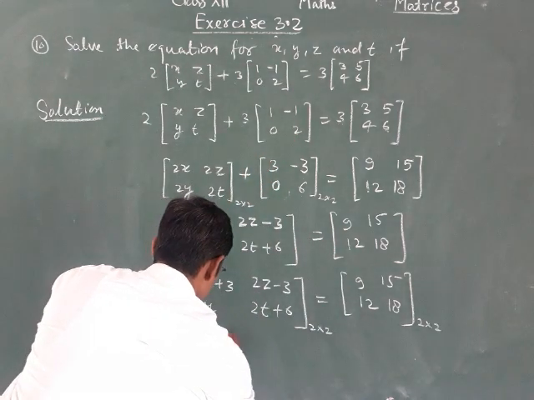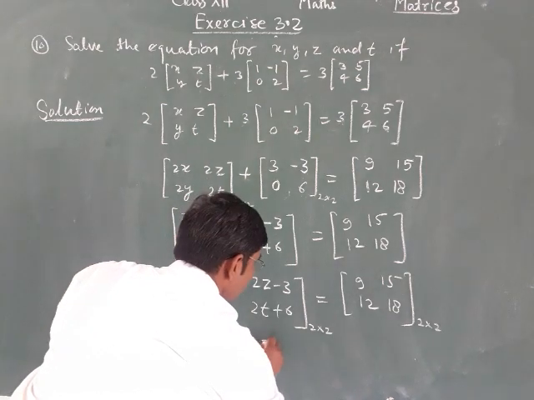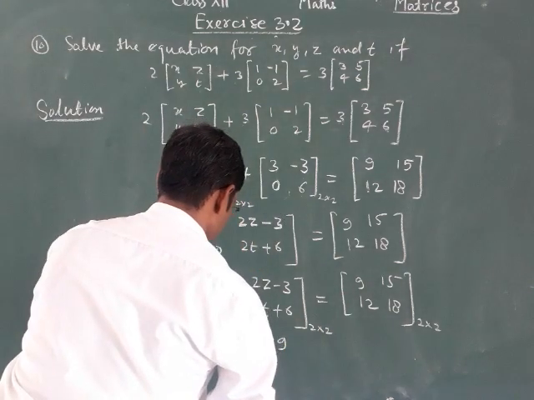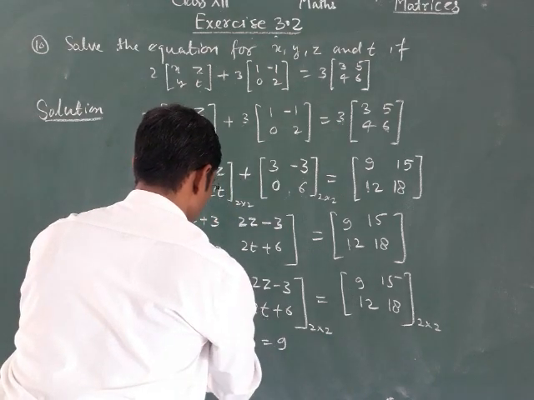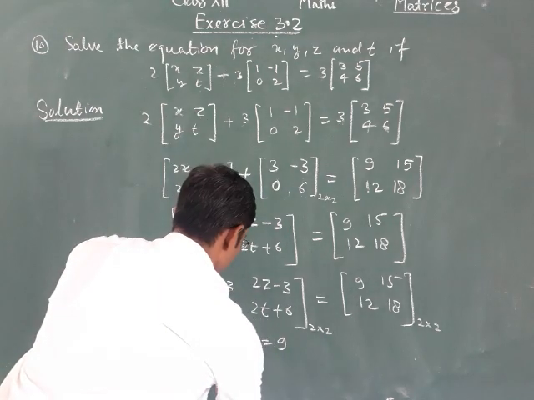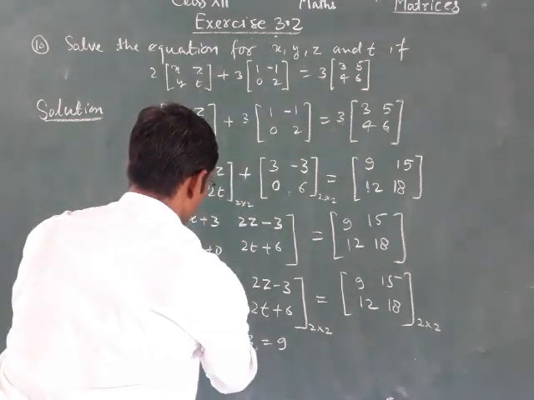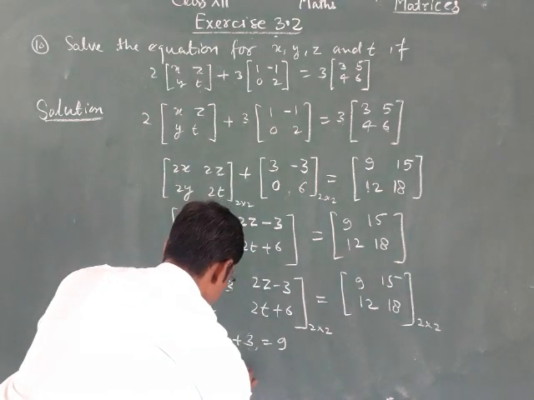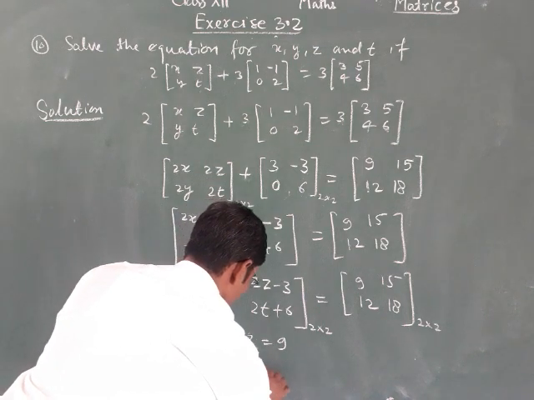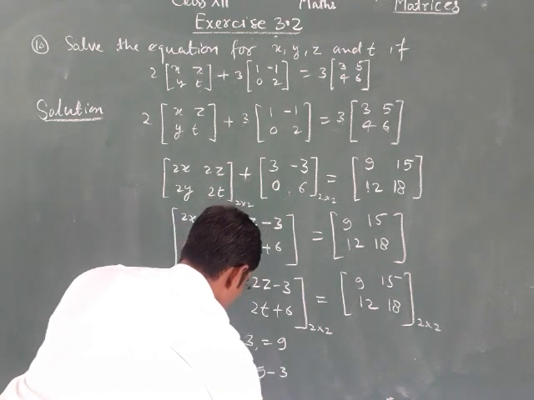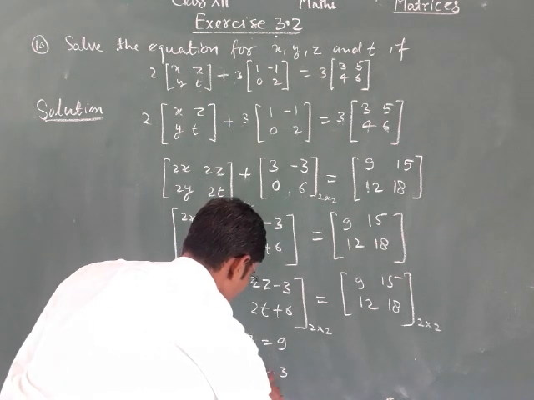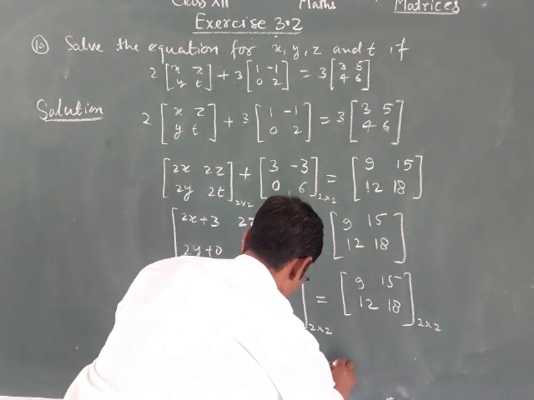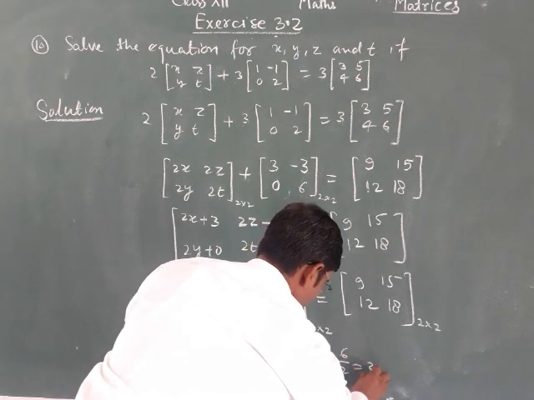So 2x plus 3 is equal to 9. So 2x is equal to 9 minus 3, 2x is equal to 6. So x is equal to 6 upon 2, which is 3.